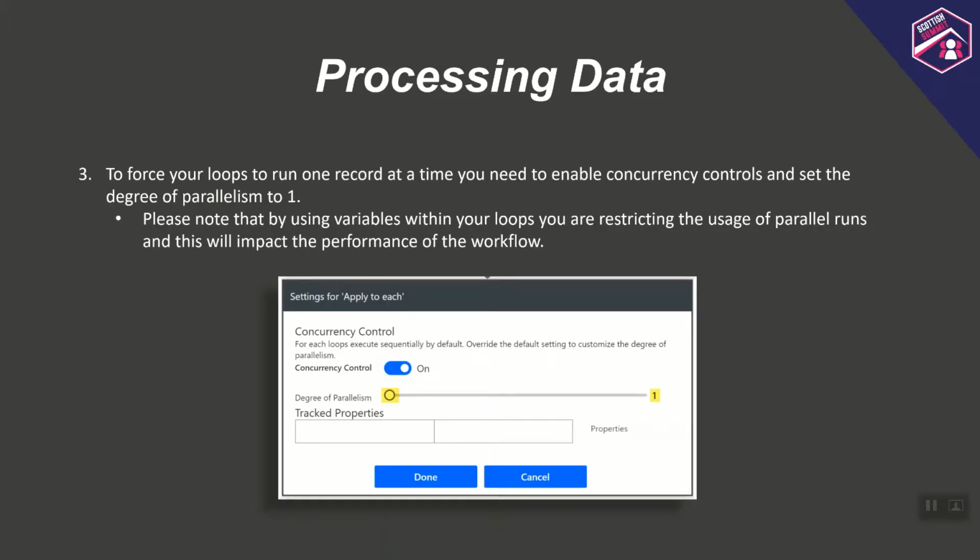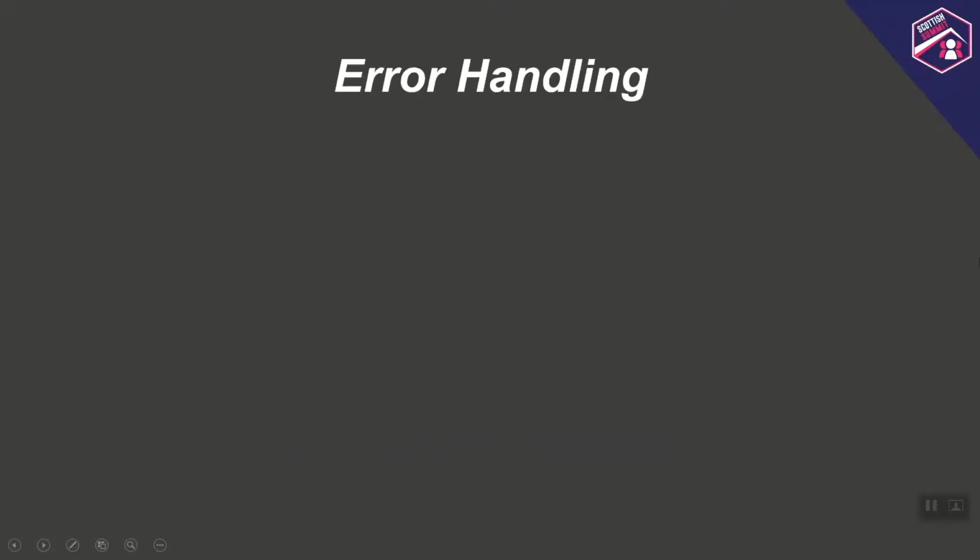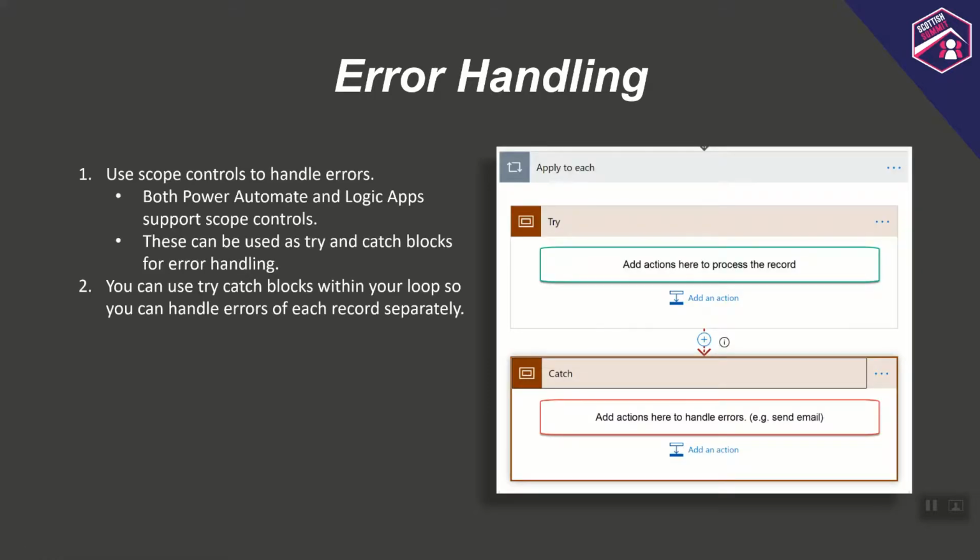Since we are talking about erroring out and getting restricted, let's move on to the next main section of the presentation, error handling. If you're coming from a development background, you would know what a try and catch block is.